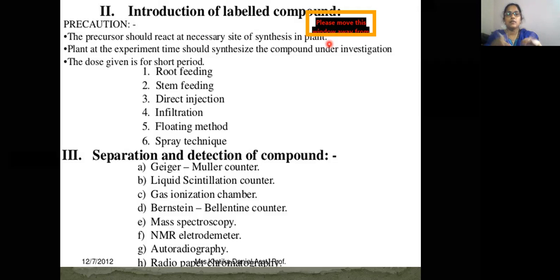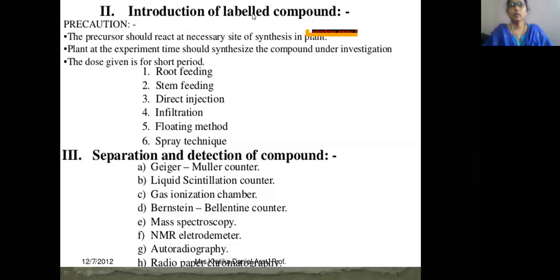So first thing is we have to find out the site, and we should also find out the experiment time, at what time the synthesis of the compound is taking place in the plants. This we have to identify and then introduce the labeled compound into the plants. Okay, so we have different methods for introduction of these labeled compounds, that is root feeding, stem feeding.